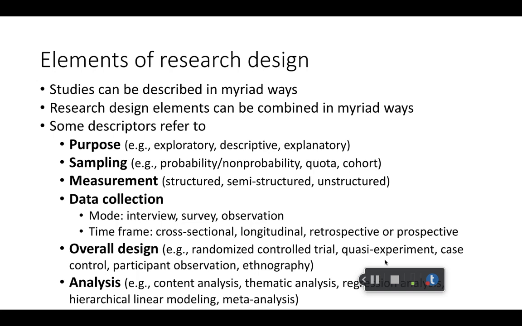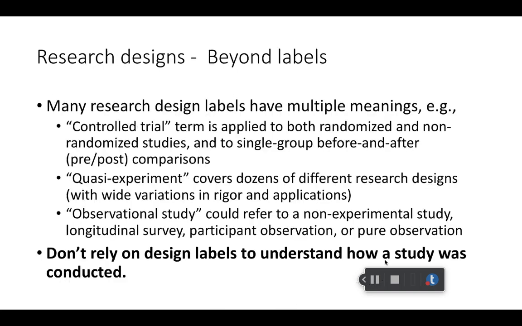So when you see an article that describes a study as a descriptive probability study or an interview study with longitudinal data or a content analysis, people are picking descriptors from any aspect of the research.